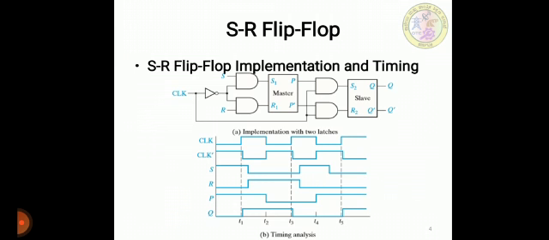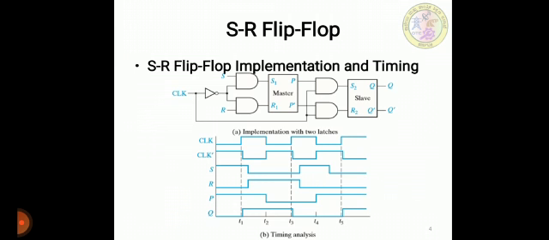You can observe that the SR flip-flop changes state after the rising edge of the clock, and the circuit is often referred to as the master-slave flip-flop. When the clock is equal to 0, the S and R inputs set the output of the master latch to the appropriate value, while the slave latch holds the previous value of Q. When the clock goes from 0 to 1, the value of P is held in the master latch and transferred to the slave latch.